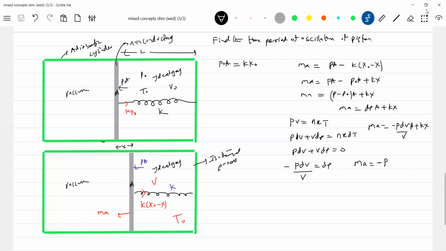I'll write this in proper form so that it'll be easy for you. Yeah, it should be like this. Initial pressure P naught, initial volume is V naught. This I just slightly modified.